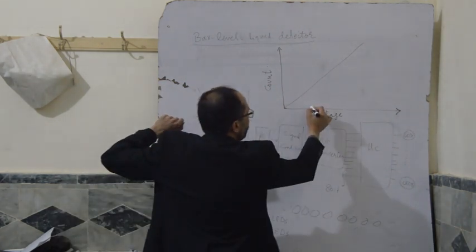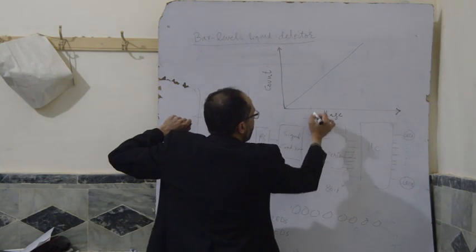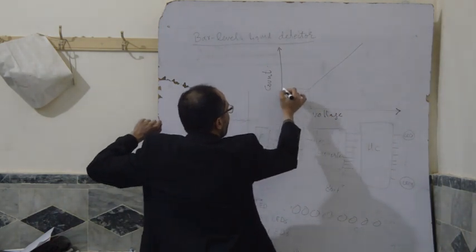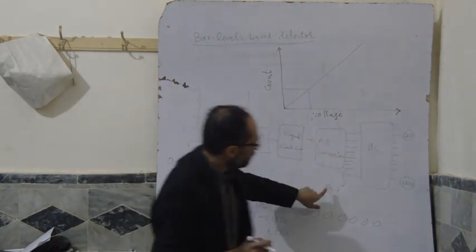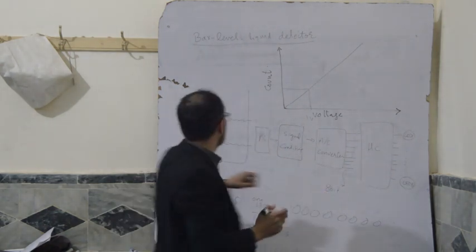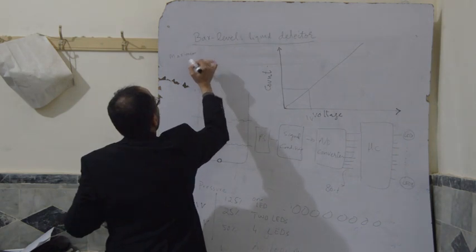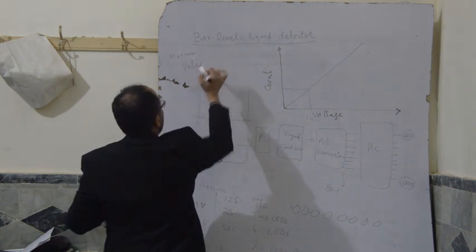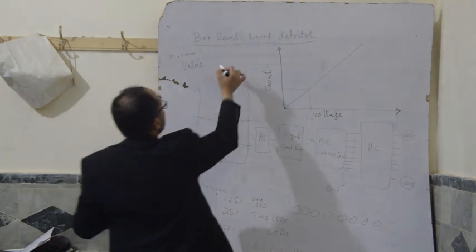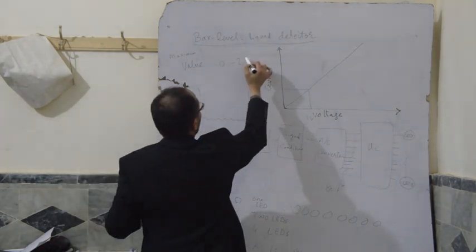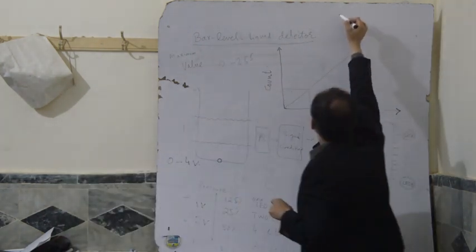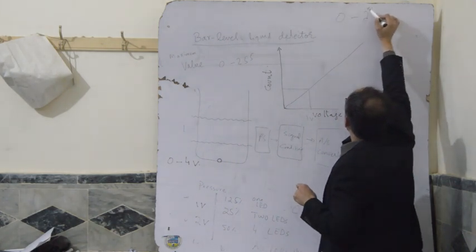So we are using an 8-bit signal. So the maximum value for an 8-bit signal will range from 0 to 2 to the power n minus 1.